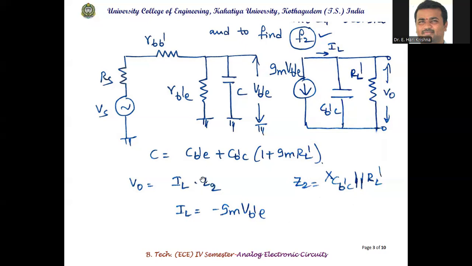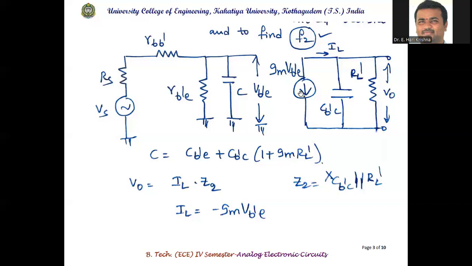Similar to the last class discussion, V0 is equal to the load current flowing through the parallel combination, which is considered as Z2. Z2 is the parallel combination of XCB'C with RL'. So V0 is equal to IL into Z2.